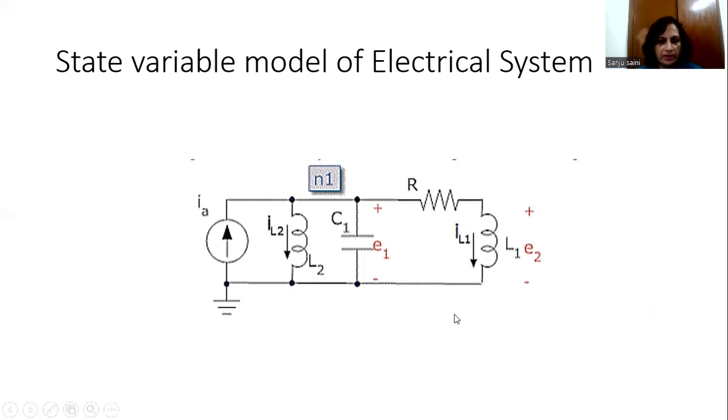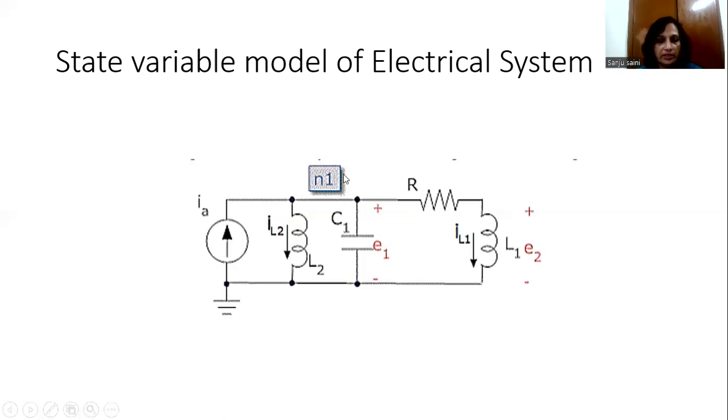A key feature is that whenever you are constructing the state variable model of an electrical system, it is always better to take the voltage across the capacitors and the current through the inductors as the state variables.